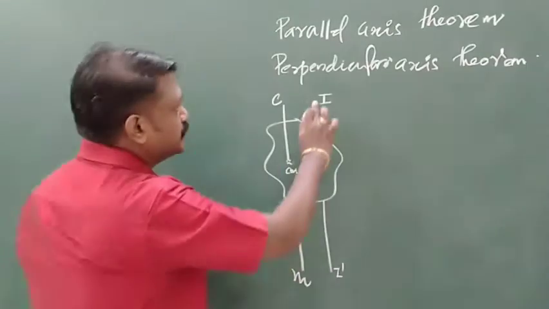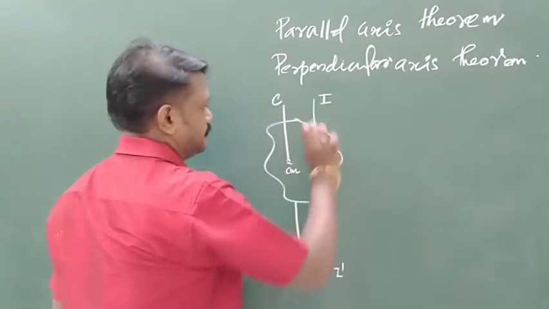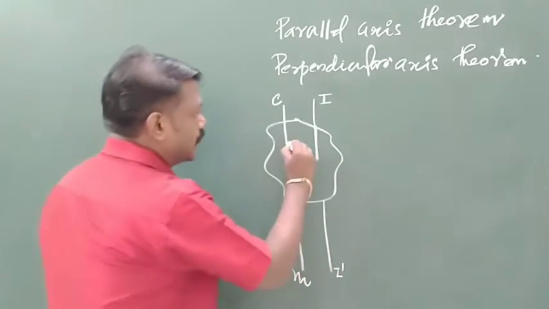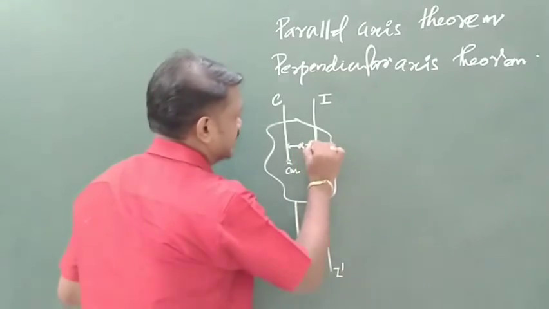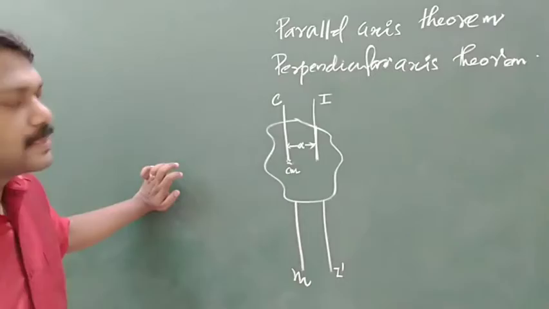So here you are having two parallel axes of rotation, and these two are separated by a distance a. The parallel distance between these two axes is a.